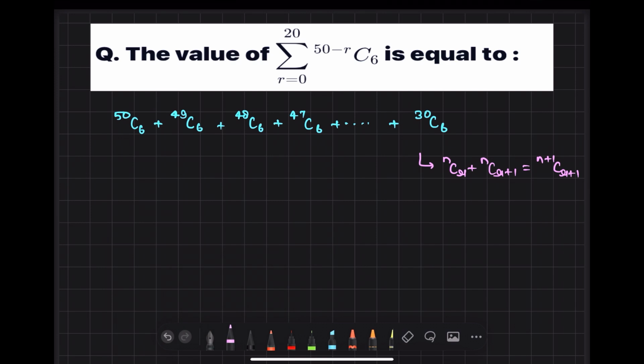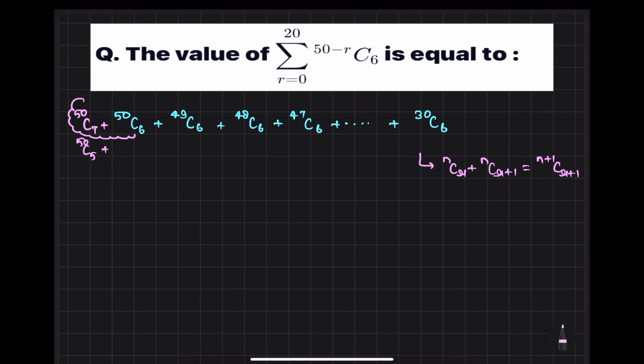Suppose we are adding something behind that one. You know that the upper subscript should be the same and the lower subscript should be consecutive, so it can be 7 or it can be 5. Correct or wrong?